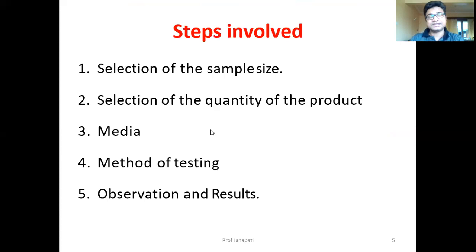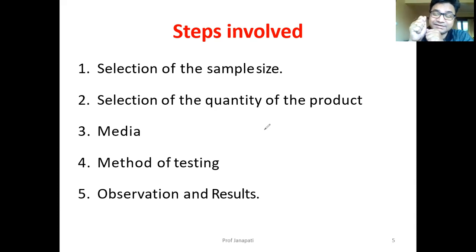Now, what are the steps involved? There are mainly 5 steps in that entire process. You can figure it out into the 5 steps. So first one is selection of the sample size. As I was telling in previous slide, if you prepare 1,000 injections in a batch, you can't test everything there.